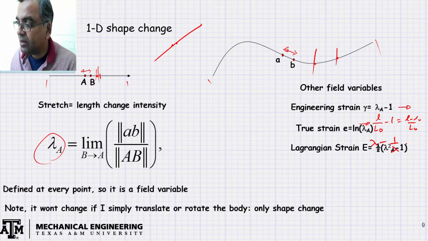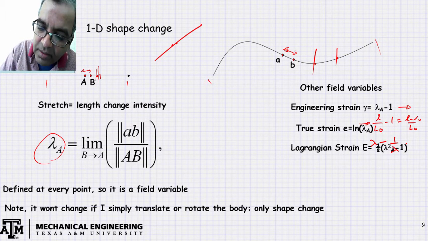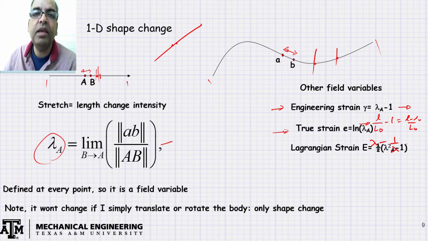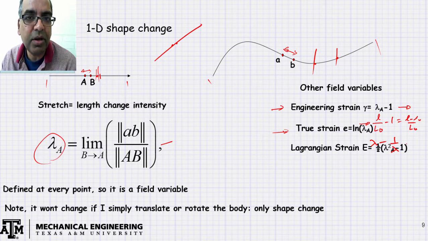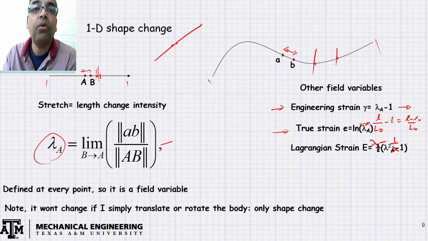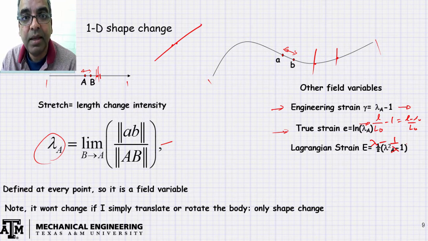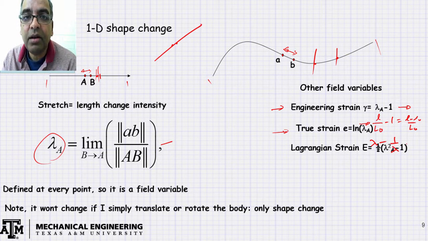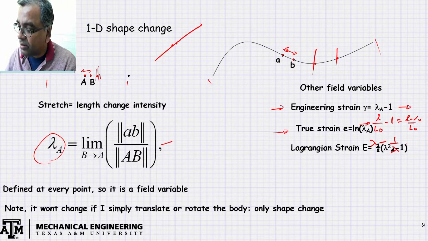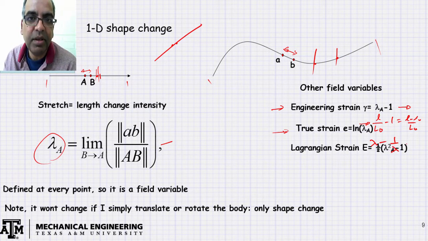Why is it convenient? For all of these other things, you have to do some serious geometry and some serious power series, this, that and the other to get logarithm and all of that. What you'd like to do is get everything out of algebra. I want to do only dot product and cross product. Then this engineering strain, this stretch, all of them are not convenient, but Lagrangian strain is. Why is that? Because the squared helps us, because you can always write squared as dot product.